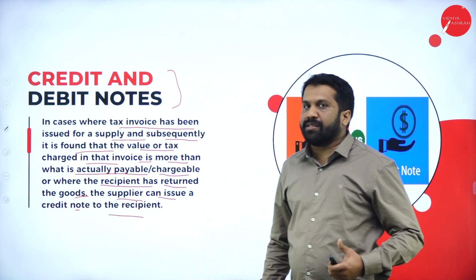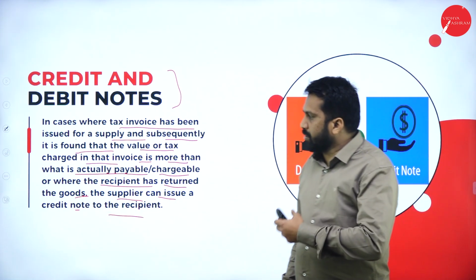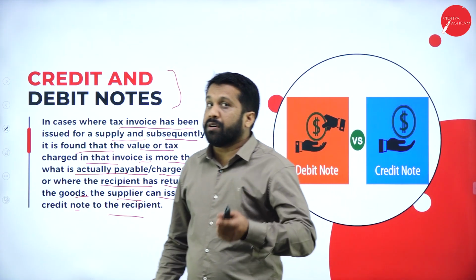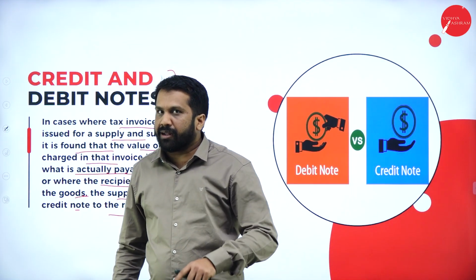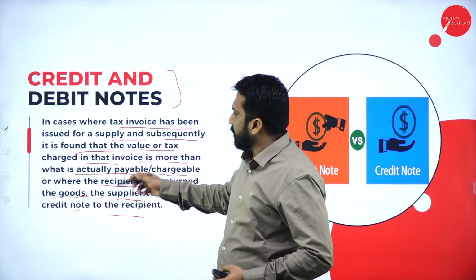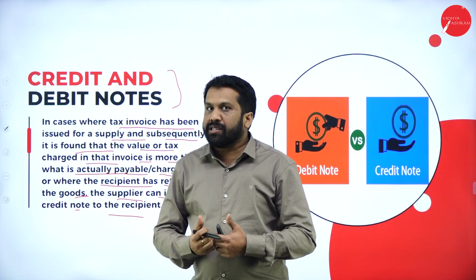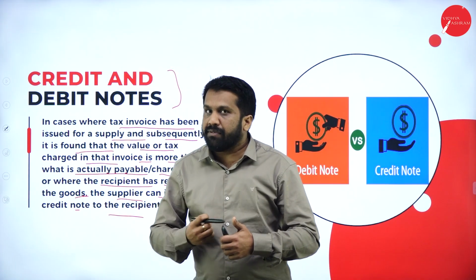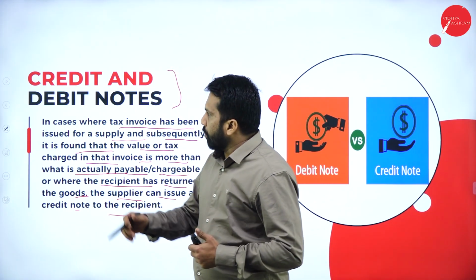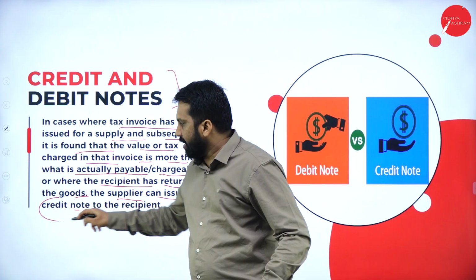So when the credit note is issued, for example, whatever calculation you made is overvalued or undervalued, or the recipient feels that the goods are damaged, what will he do? He will return the goods. So for all this, you have to pass a credit note.